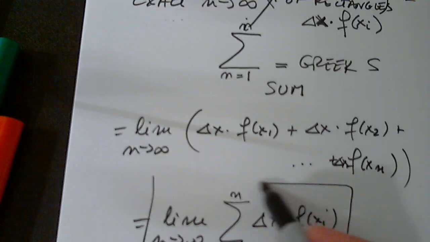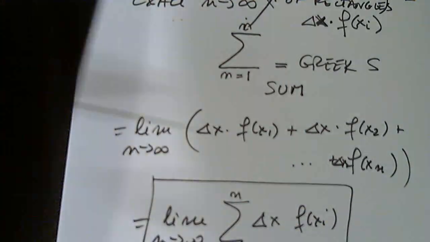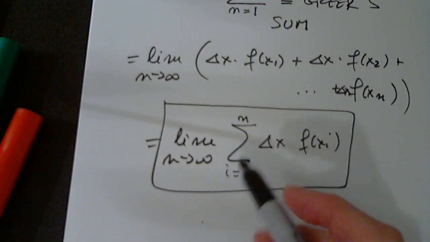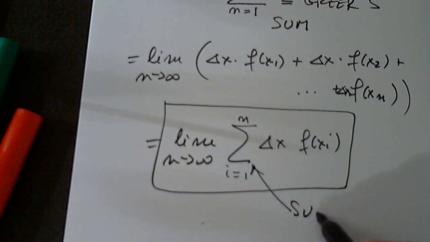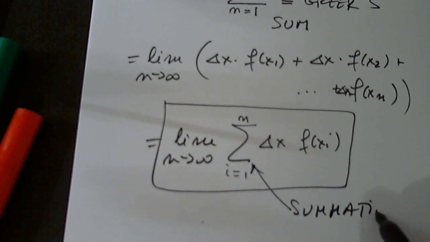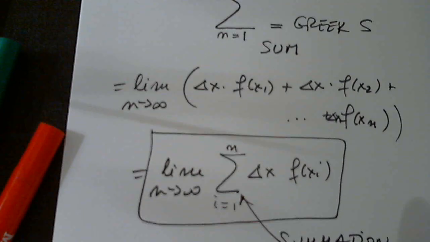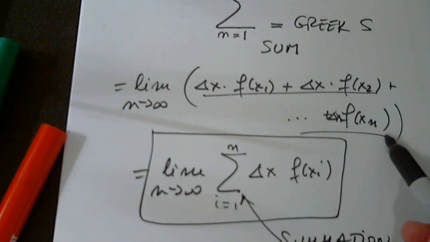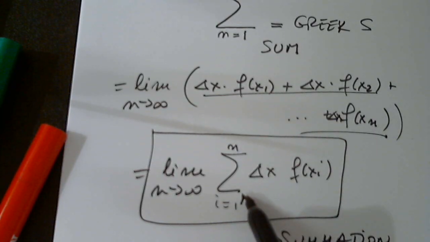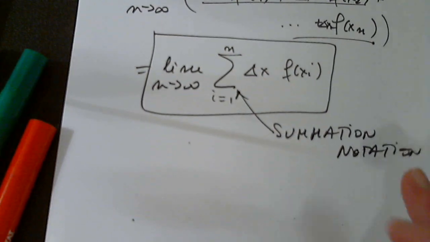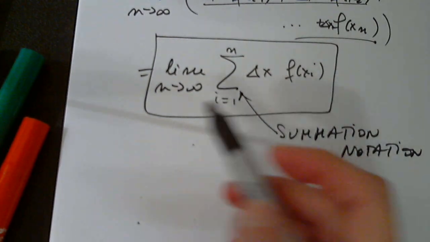That's better. Nobody will test you on this notation. I just want you to understand the summation. This is called summation notation. What does it do? It condenses this into this. That's all it does. And it has different properties.